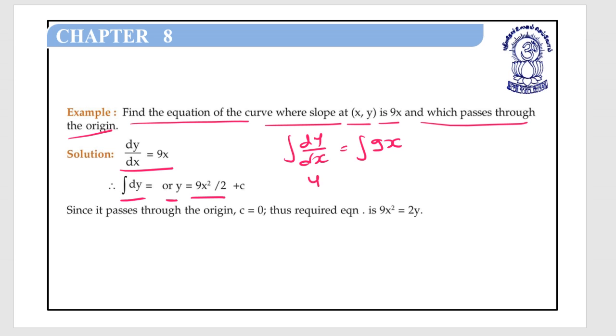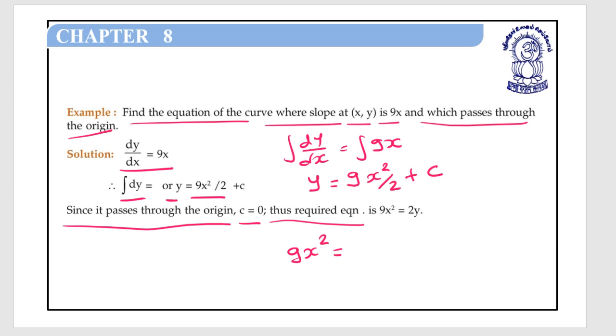So it becomes y is equal to 9 constant x square by 2 plus c. Since it passes through the origin, so c is equal to 0. Thus required equation is 9x square is equal to 2y. Here c is equal to 0. Okay.